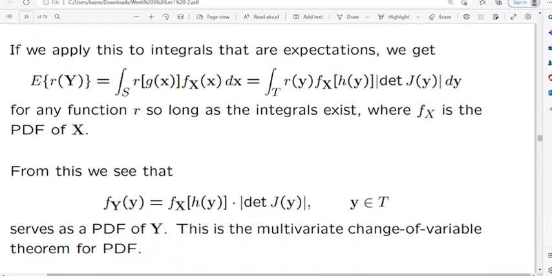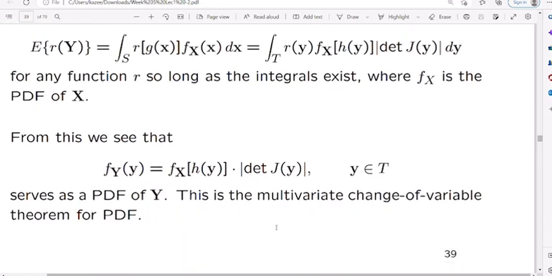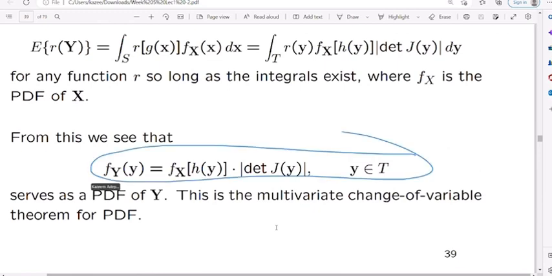So for instance, if I started with X and X has a probability distribution, which we call the probability density function, denoted PDF, and I define a new variable in terms of X, the original variable, and I'm seeking to get the PDF of the new variable.